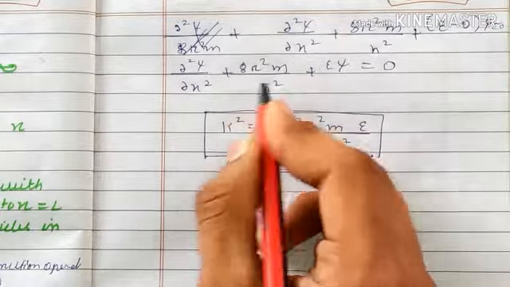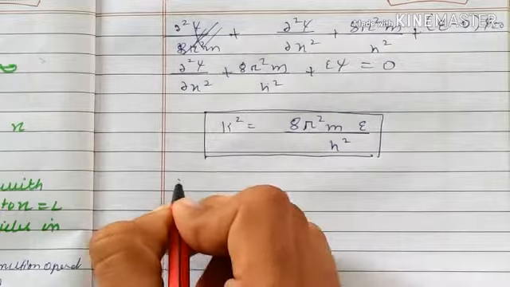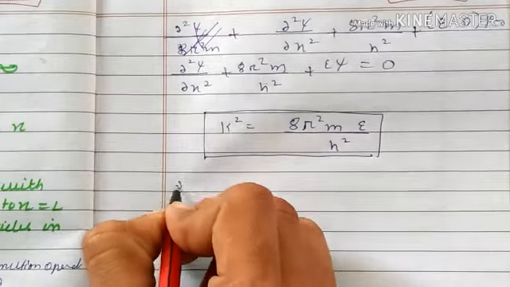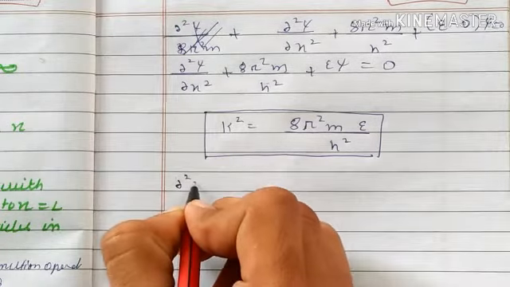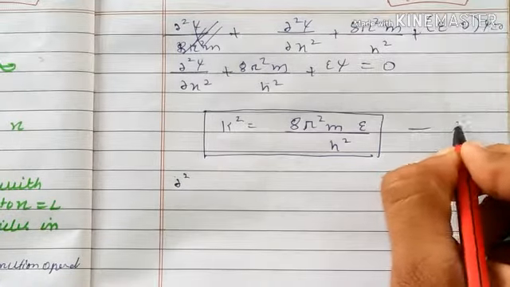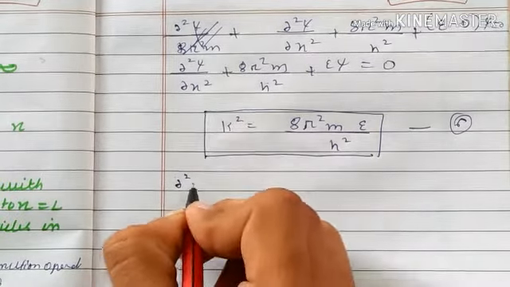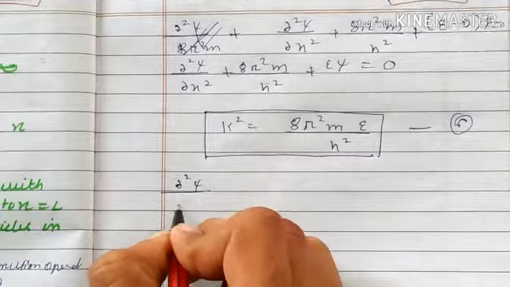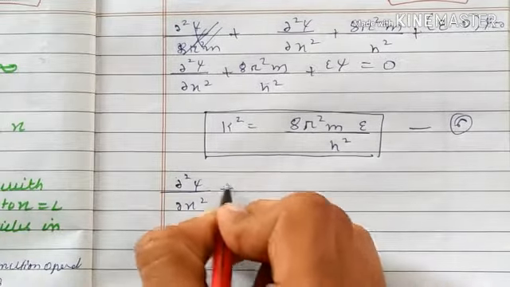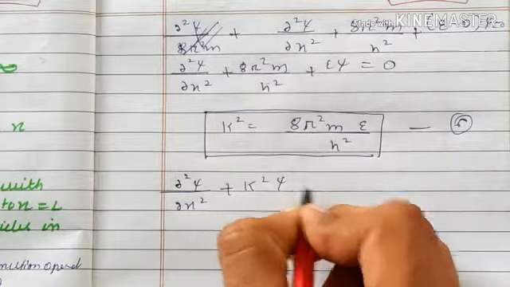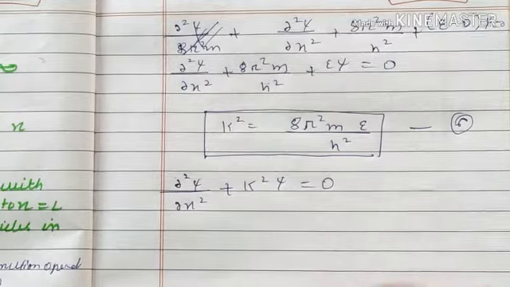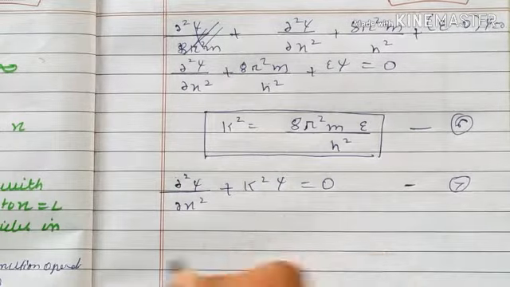Put this value in place, so it becomes del square psi by del x square plus k square psi is equal to 0. We call this equation 6, and this is our equation 7.